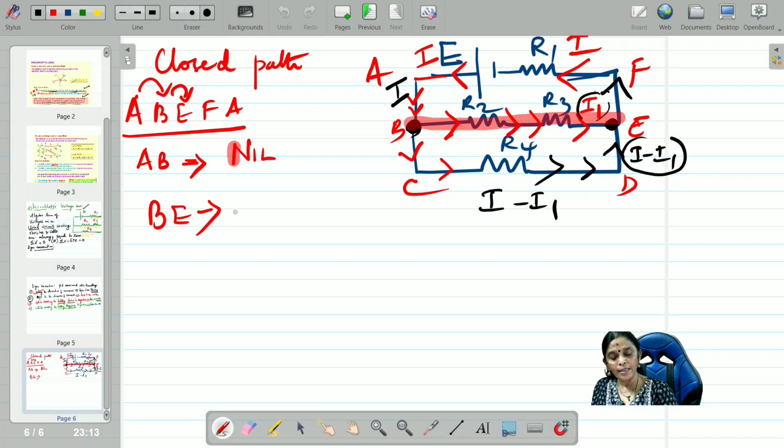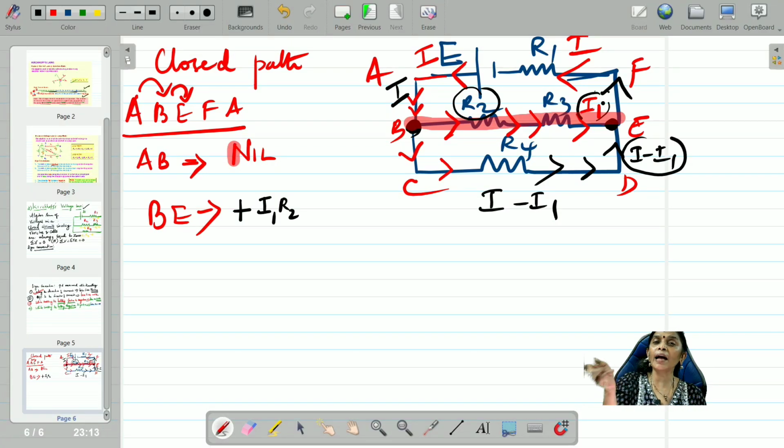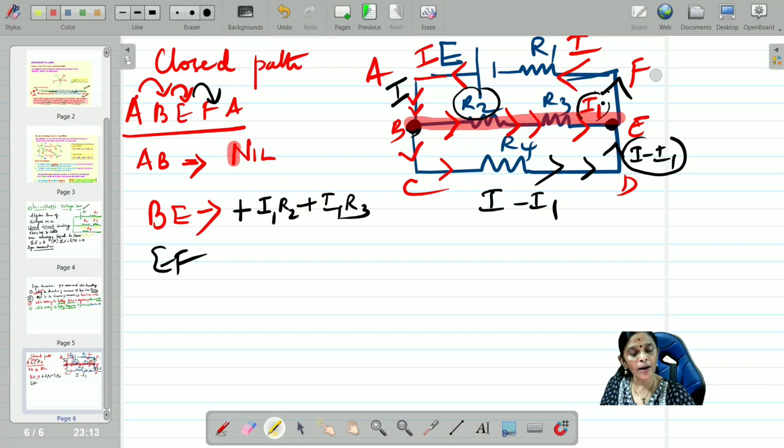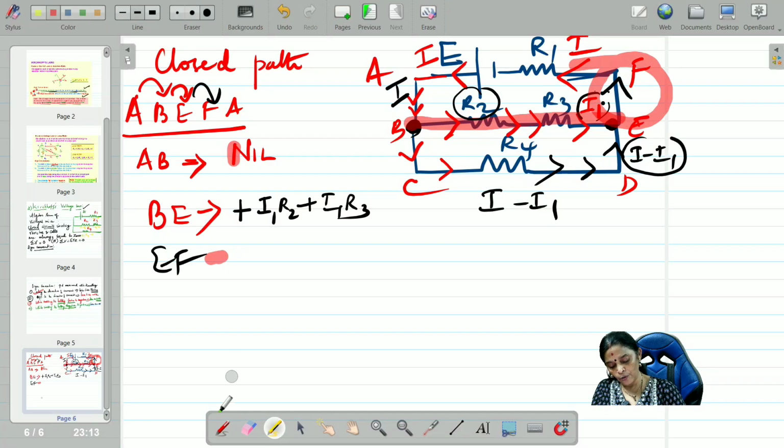So therefore, I am writing it as plus I1 R2 plus I1 R3, because of the resistances. BE over. Next, E to F. Is there anything, children? Nothing. You don't have anything. So E to F is nil.